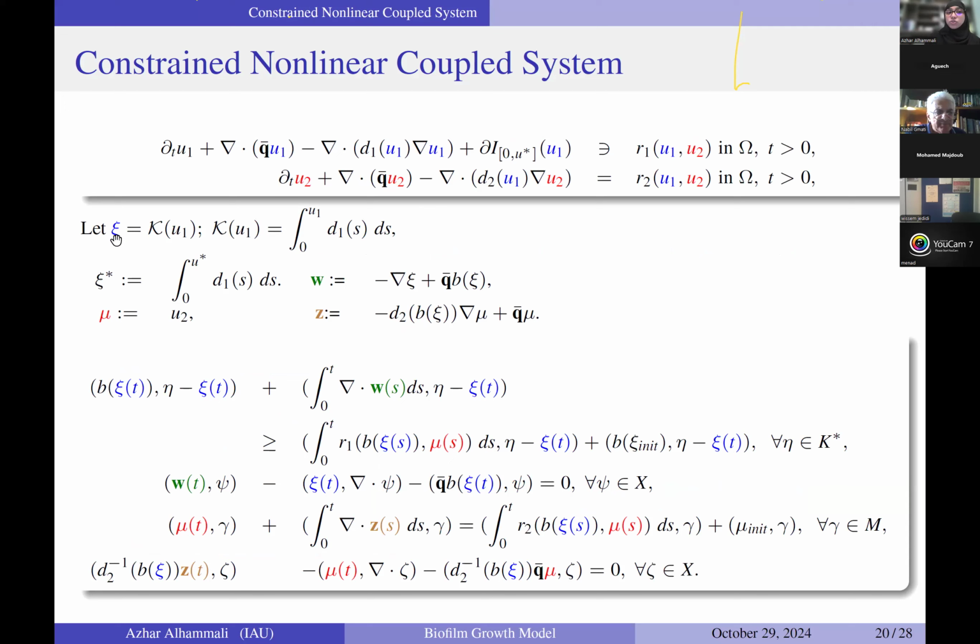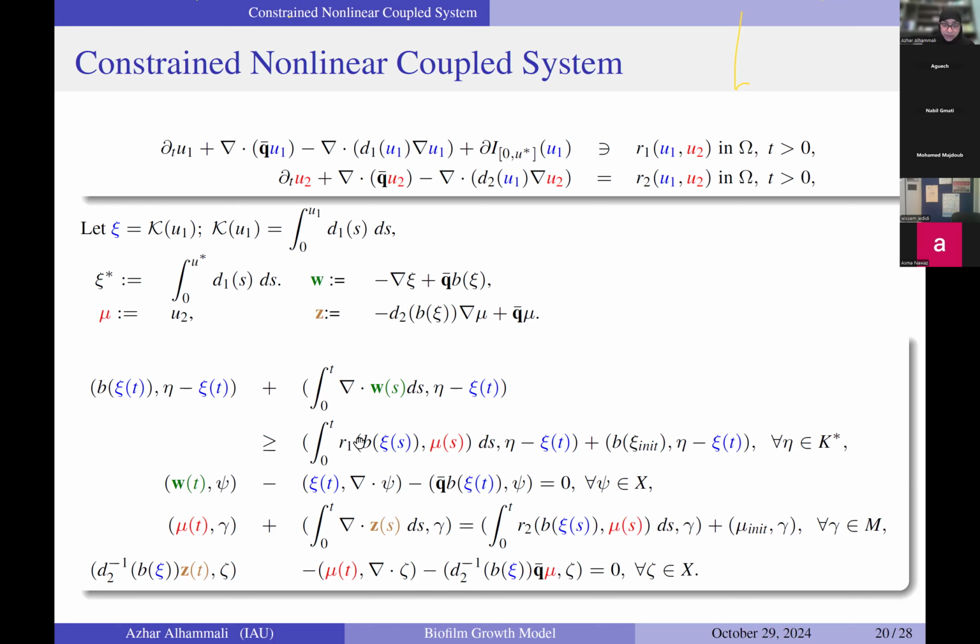So we have this new variable xi, and W, which is a flux. We rename U2 to be mu, and Z is a flux. Now we rewrite this system in terms of a mixed formulation and integrate in time, and we get this system here.